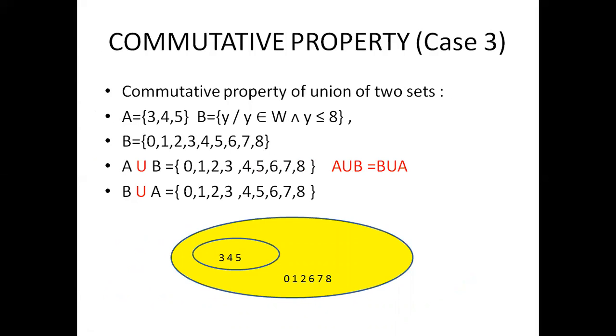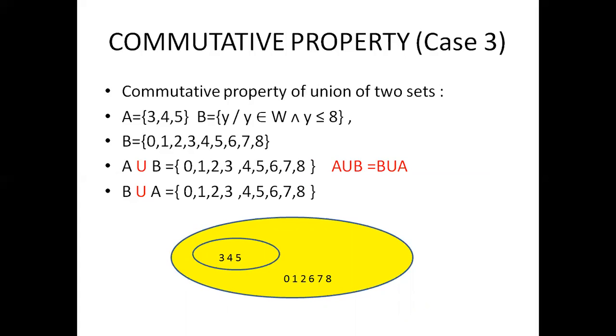In this case, it is called a subset case. You can see A is equal to 3, 4, 5 and B is equal to 0, 1, 2, 3, 4, 5, 6, 7, 8. There is common between A and B, that is 3, 4, 5. But remember one thing, set A and set B have common elements, and set A does not have its own elements.